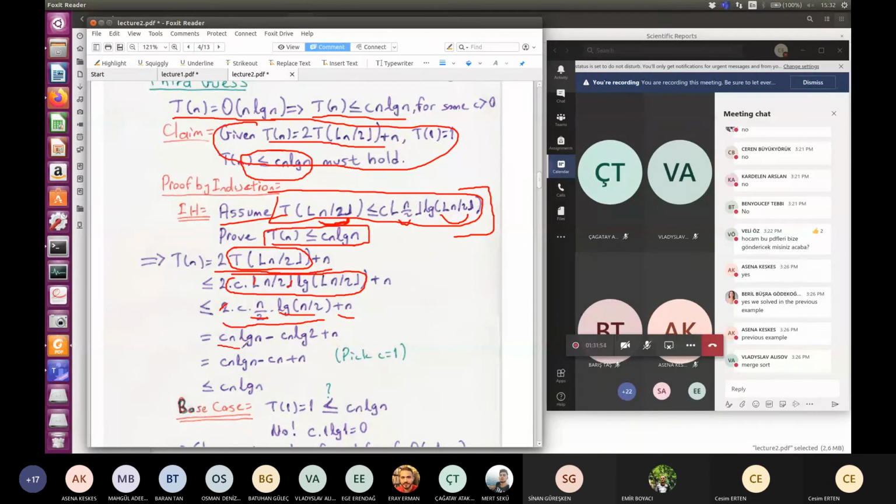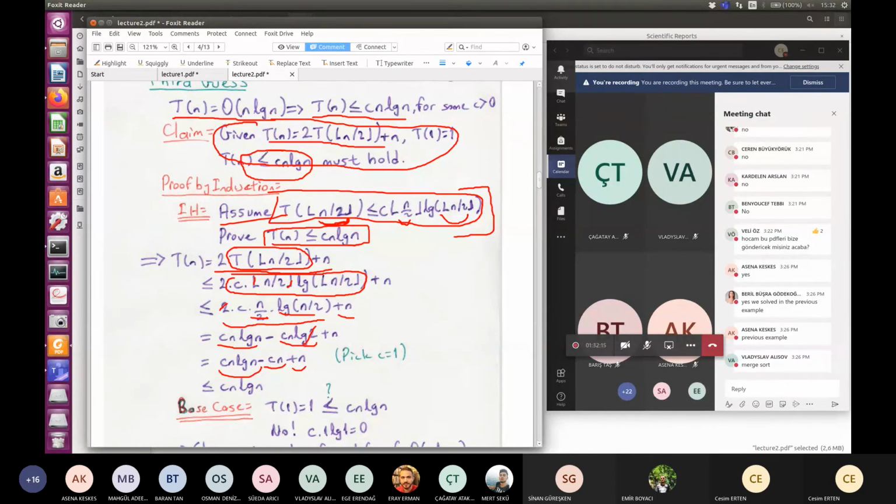So this will be Cn times log n minus Cn times log 2 plus n. Since logarithms are always base 2, logarithm of 2 will simply be 1. So we will have Cn log n minus Cn plus n.